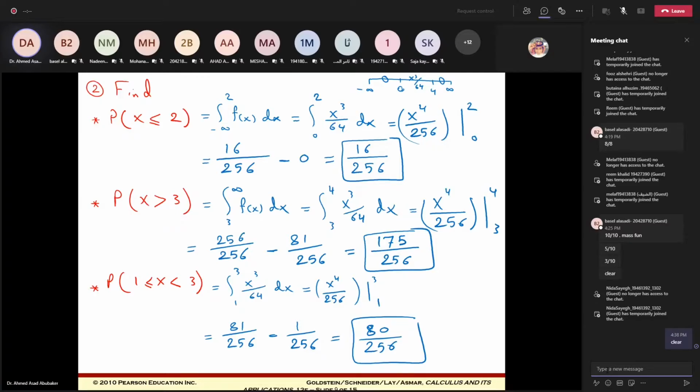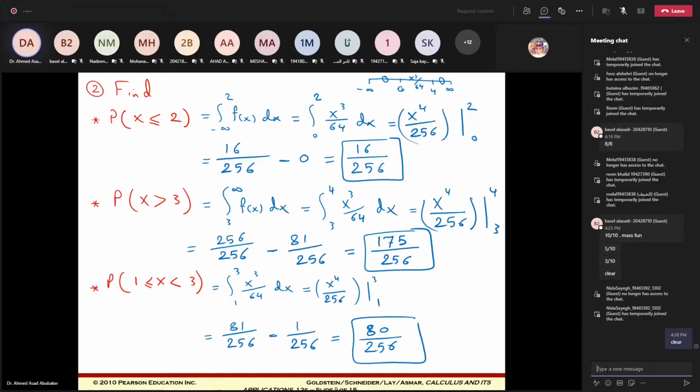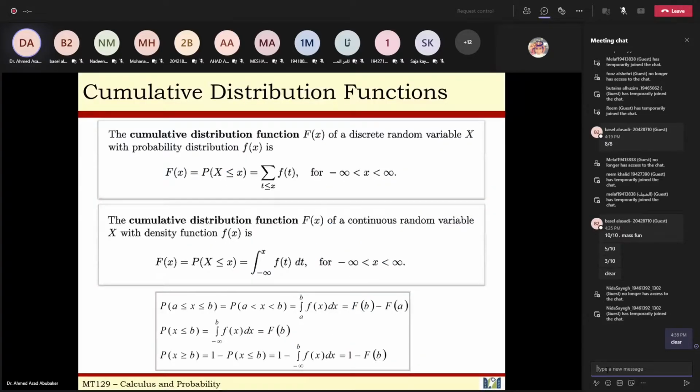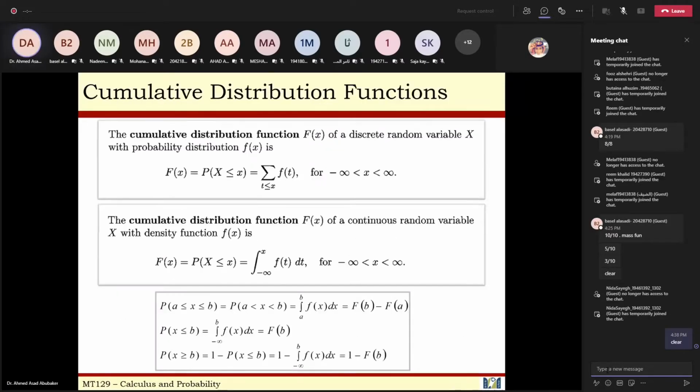Now we have a cumulative distribution function. Cumulative distribution function, this means F capital for what?